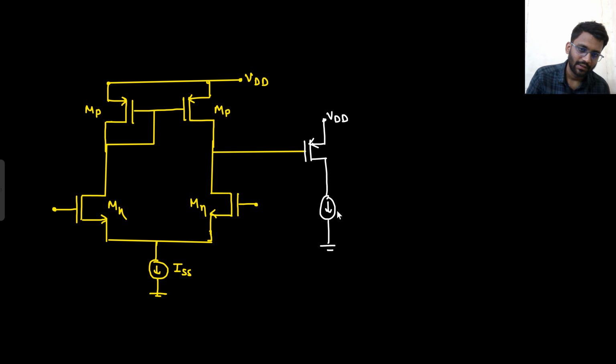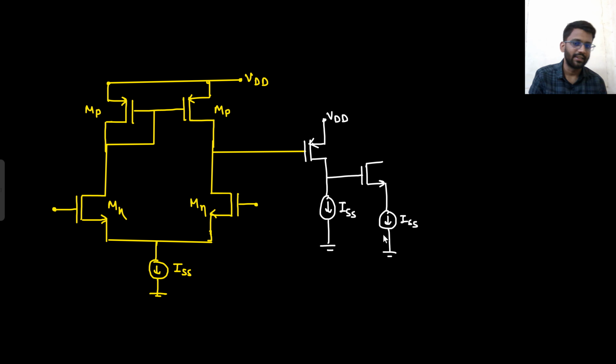This is the load, and then after the common source amplifier I am going to put a common drain amplifier. In the output, as the load you are using a current source. I told you in the load you can use anything. So first I put a common source amplifier using PMOS, and then I am putting a common drain amplifier, and here I am collecting my final output.